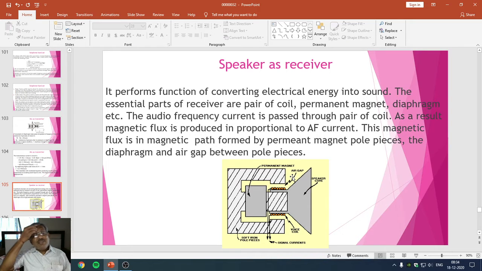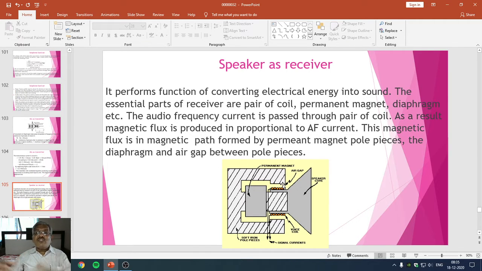You might have studied a speaker. At the base, there is a round metal portion called the pole piece. On that pole piece, the black part is called the permanent magnet. On those pole pieces, the audio coils are wound, and to that coil we connect the external cable through which the audio electrical signal is provided.